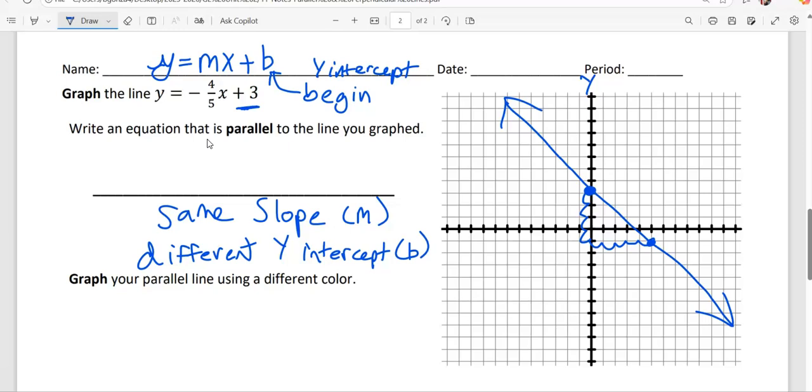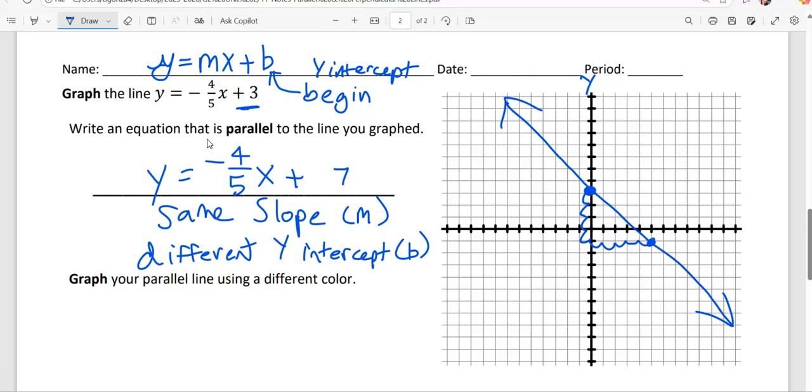So we're going to change that 3 to a 7. Could be a 6, but it's going to be a 7. Get it? All right, here we go. Y equals negative 4 over 5, same slope, but the y-intercept is going to be 7.